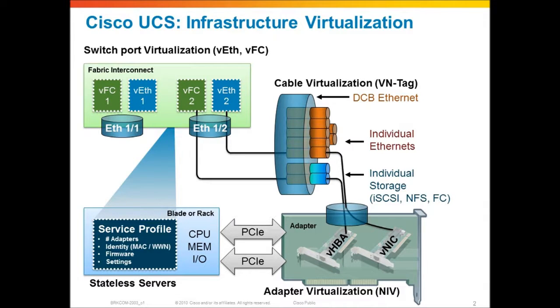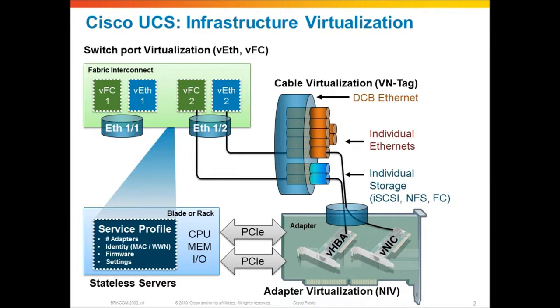And that service profile, because it's abstracted from any physical machine, it's basically, like I said, an XML entry in a database. It can be applied to any blade server or any rack mount server, and that server that the service profile is applied to will carry or program itself with all of those settings. So that's really what provides the stateless capability of UCS.